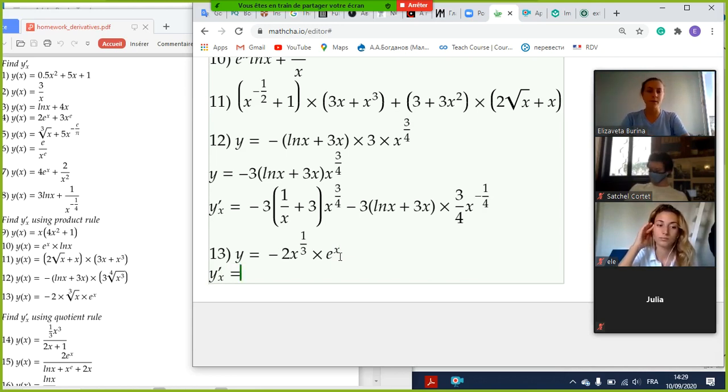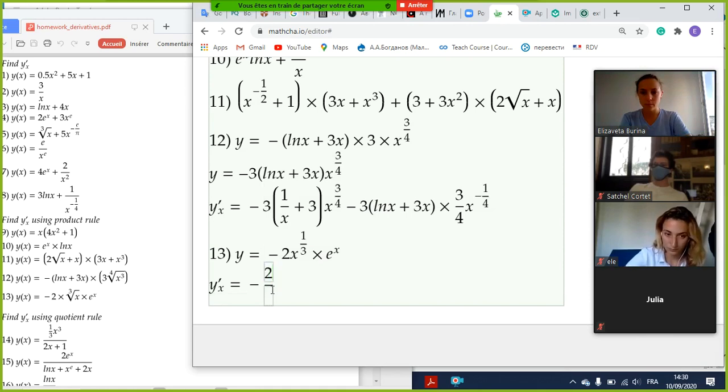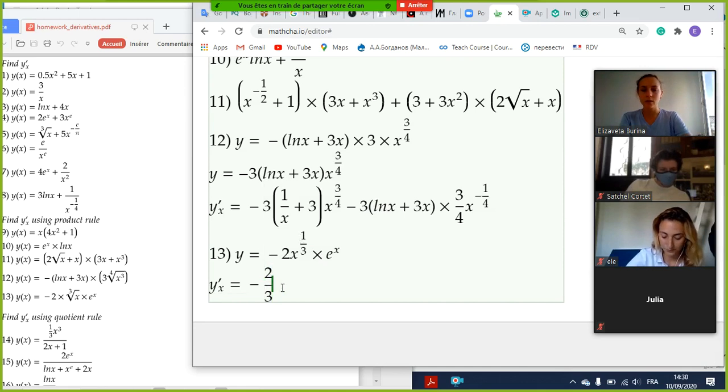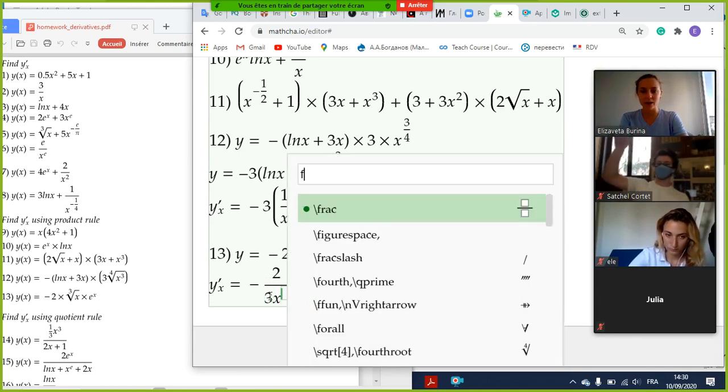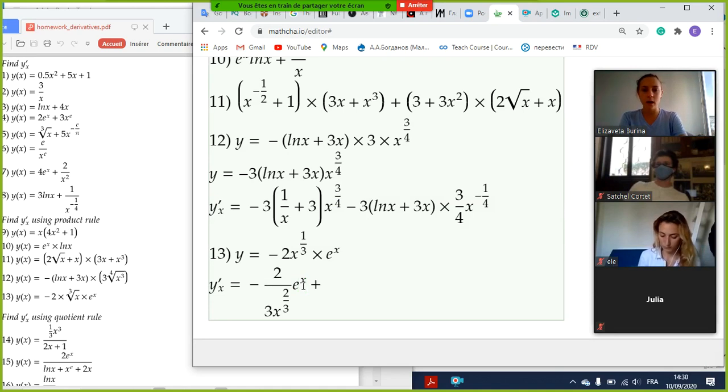Great, so the derivative of the first part will be minus 2 over 3 because we have to multiply by 1/3, x power fraction 2 over 3 times e to the power of x, and then we have plus the derivative of e to the power of x.